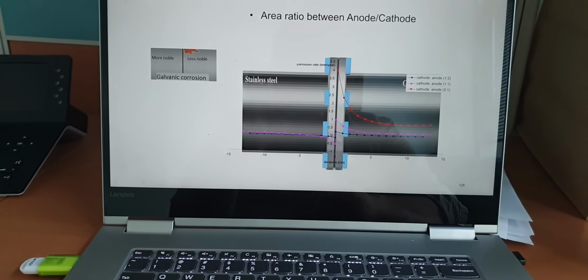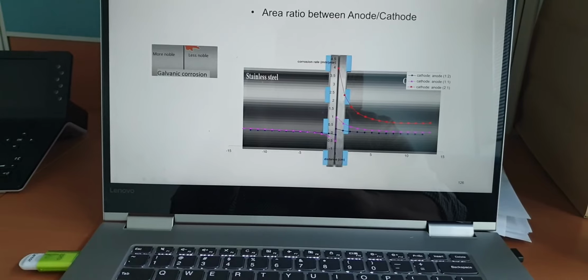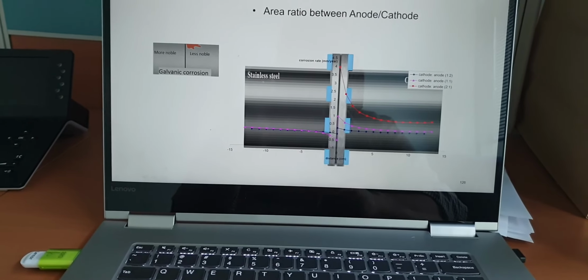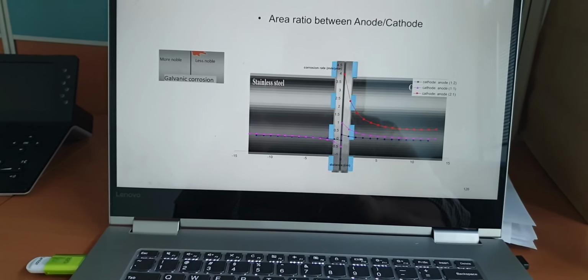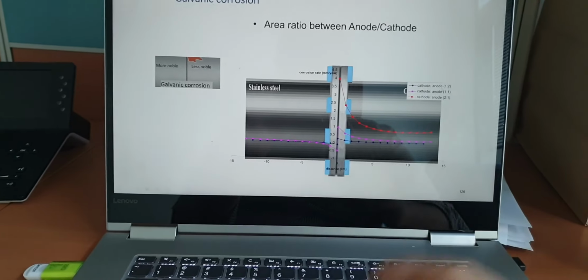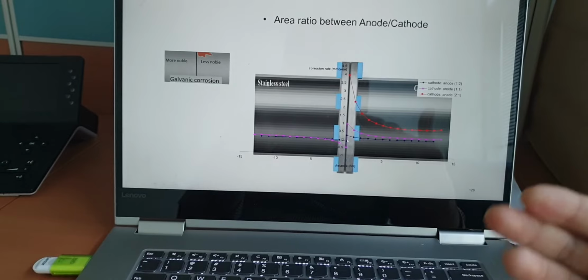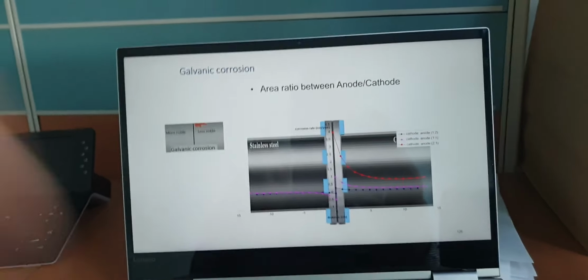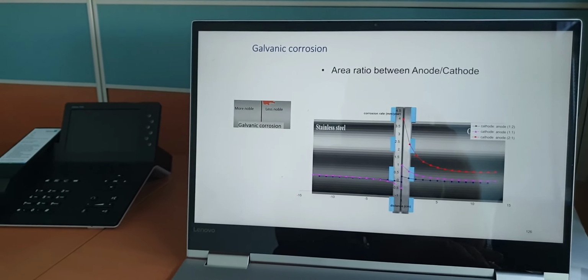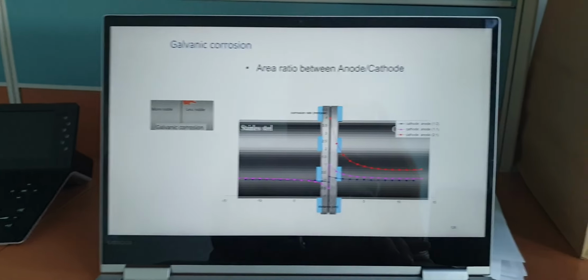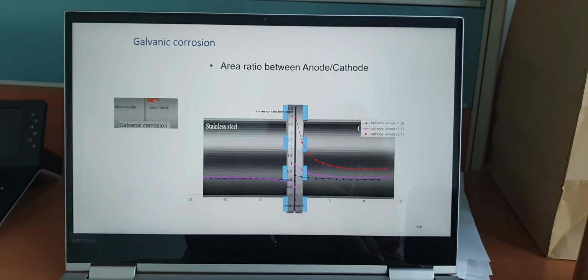When the cathode and anode have the same ratio, the corrosion rate is as we explained. In the case where the anode is larger than the cathode, then you have enough material to protect the cathode, or to corrode your anode at a smaller rate than in other examples.